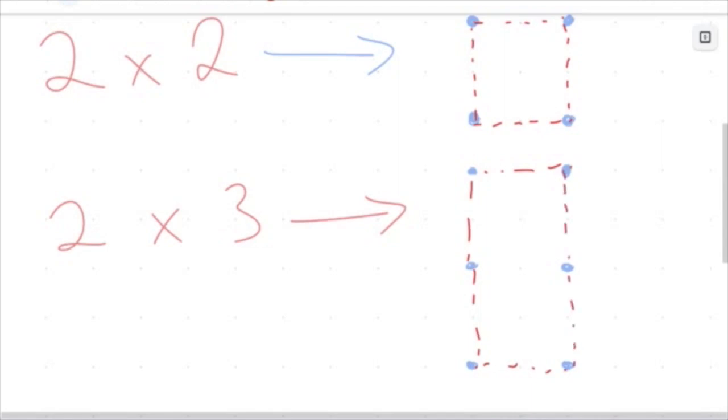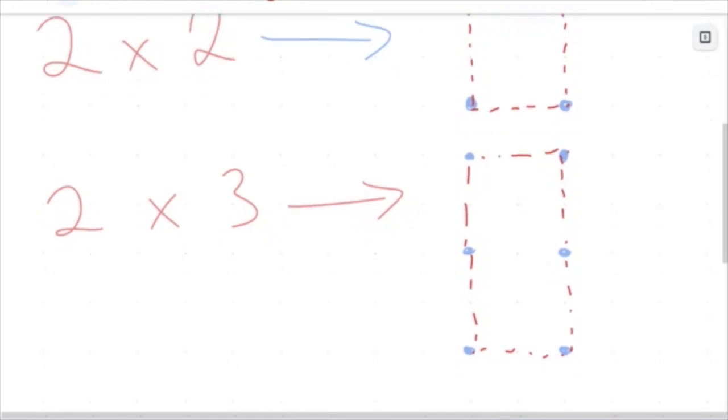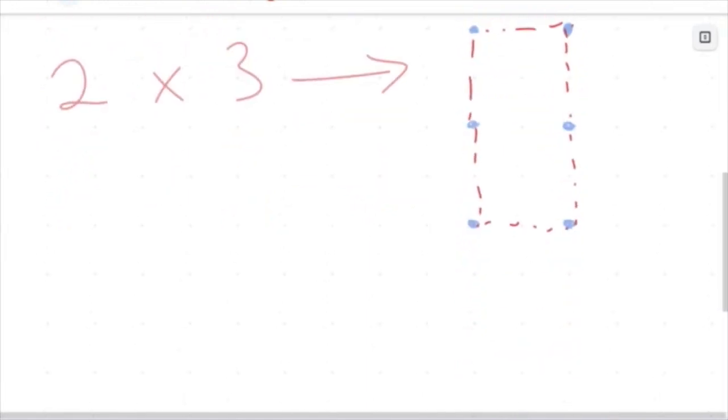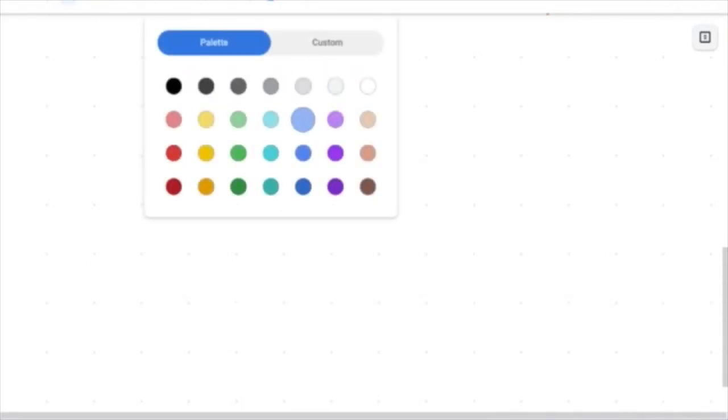But what if instead now we took, say, 3 and multiplied it by itself? We're taking this number, we're timesing it by itself. So if I did 3 times 3, I'll keep this consistent with the colors.